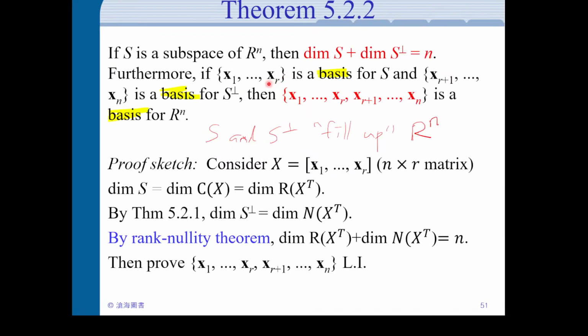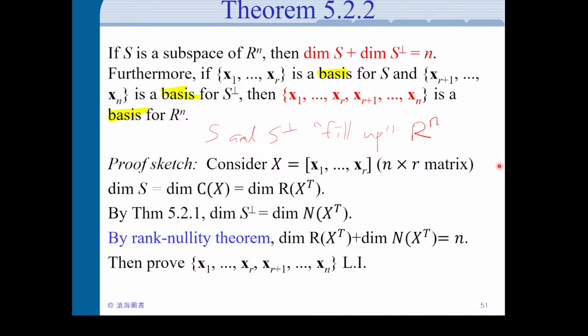How we get a matrix out of those things is we make this basis into a matrix. You take this basis in any order and list them into a matrix. So we have x1, x2 to xr listed together as a matrix, and this will be an n times r matrix.